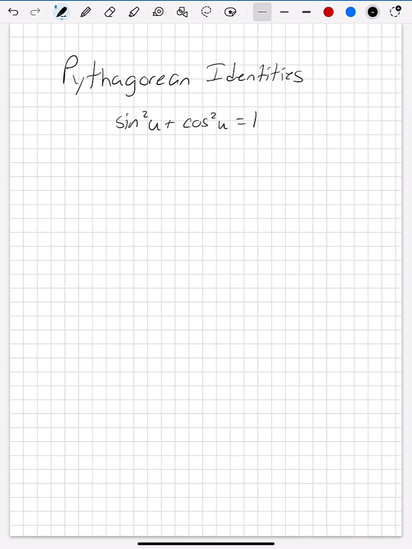A couple that you may not remember as much is 1 plus the tangent squared of u is equal to the secant squared of u. And then 1 plus cotangent squared u is equal to the cosecant squared u.